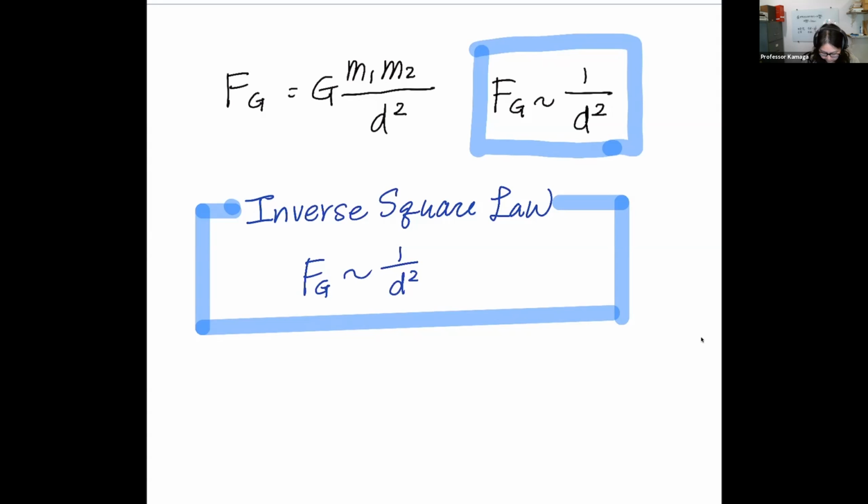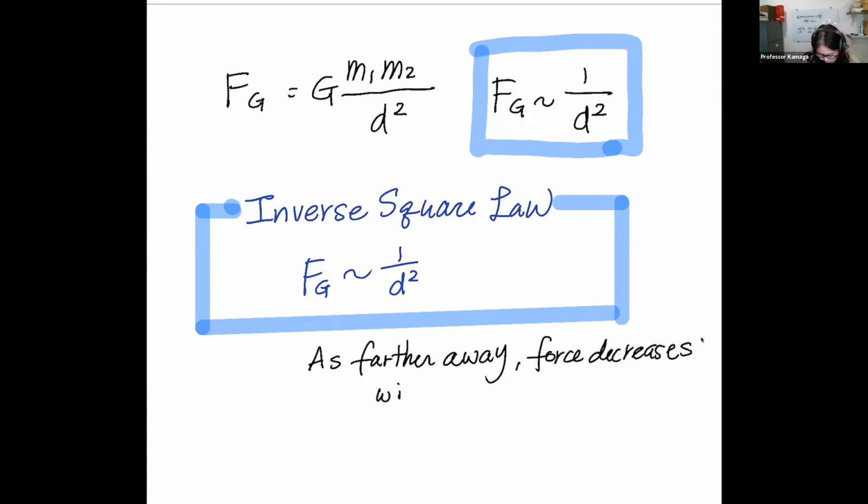So the farther away, one over d squared.